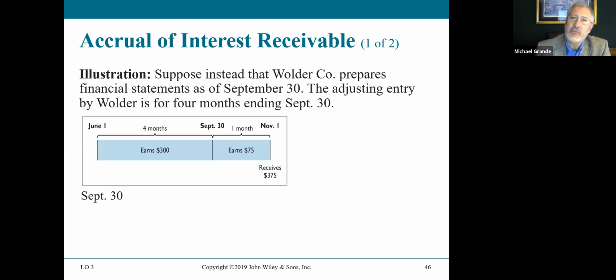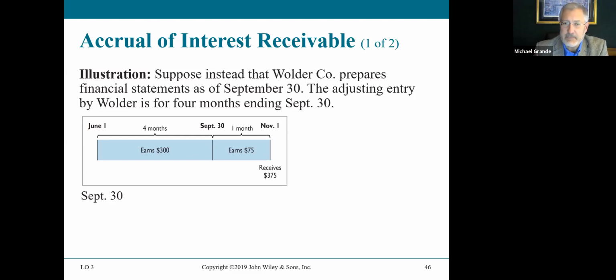Suppose instead that Wolder Company prepares financial statements as of September 30th. The adjusting entry by Holder is for the 4 months ended September 30th. Adjusting journal entry. Income statement account, balance sheet account, but never cashed. In this example, Wolder needs to accrue something that's owed to them, interest receivable.